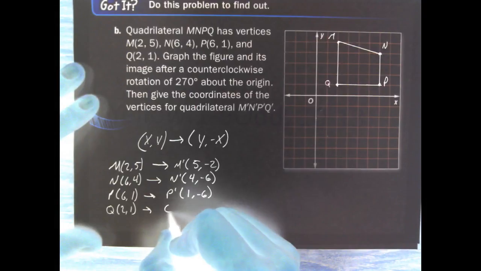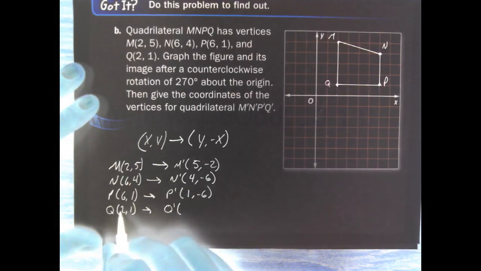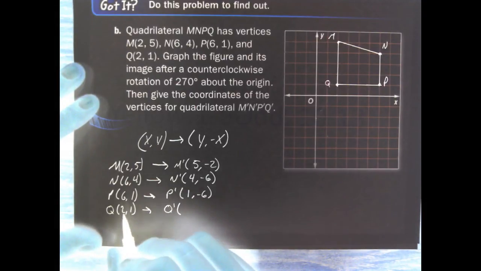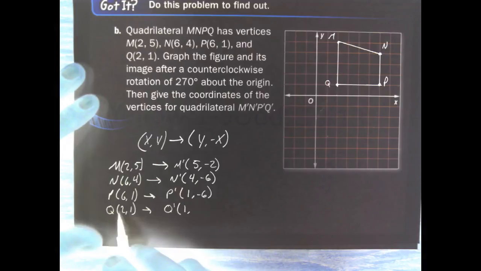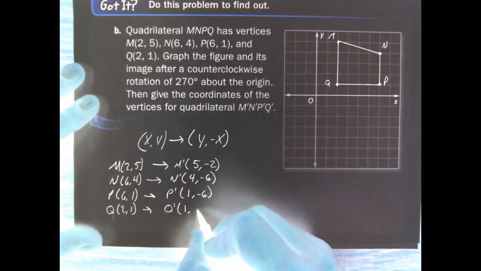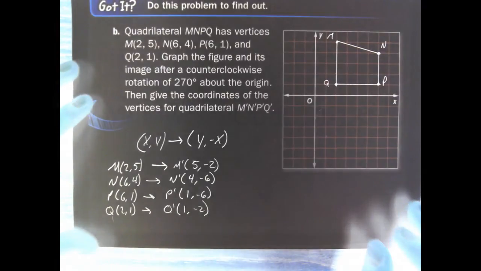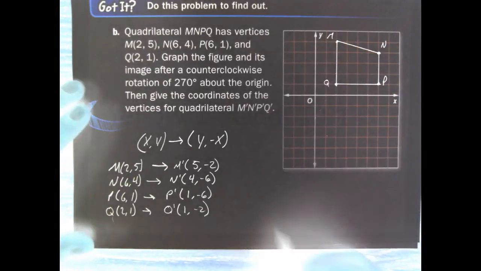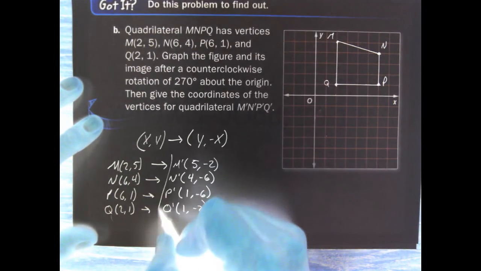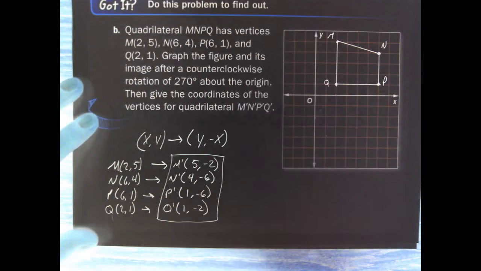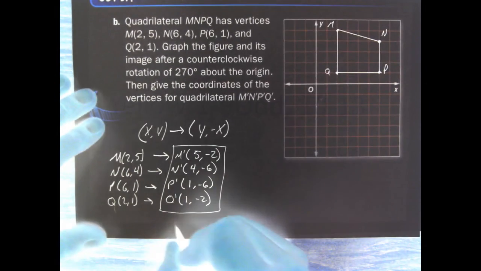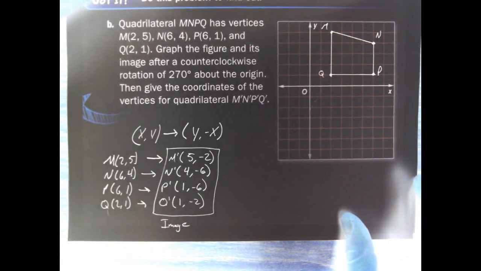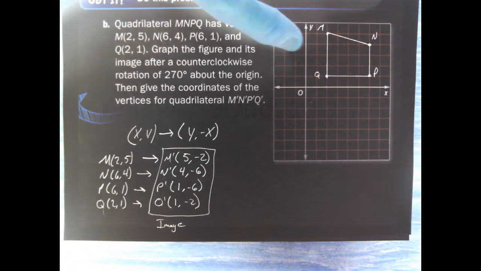And Q prime, 1 was the y, so now 1 is the x, and 2 was the x, so now it goes negative. And there you have it. These are the coordinates of my image. So now all I got to do is graph them.